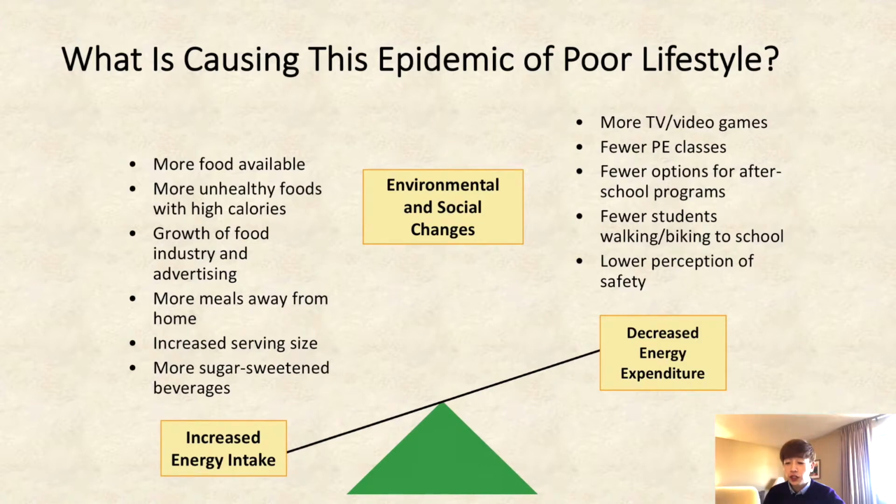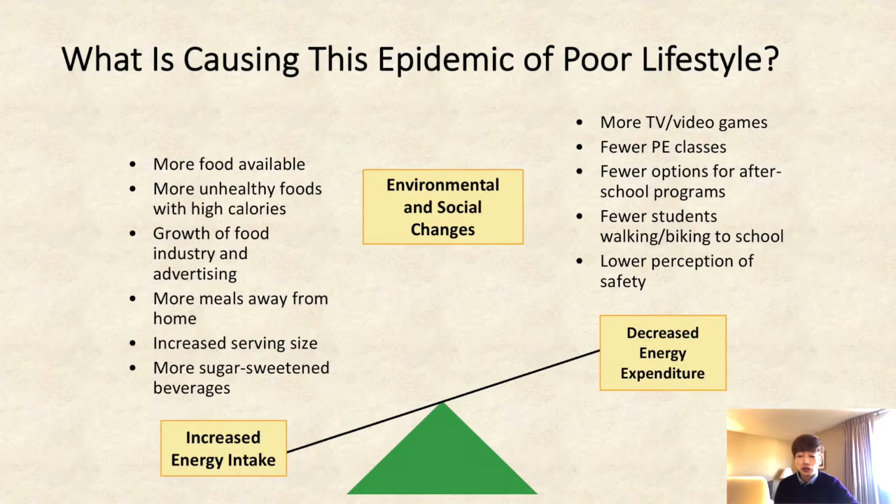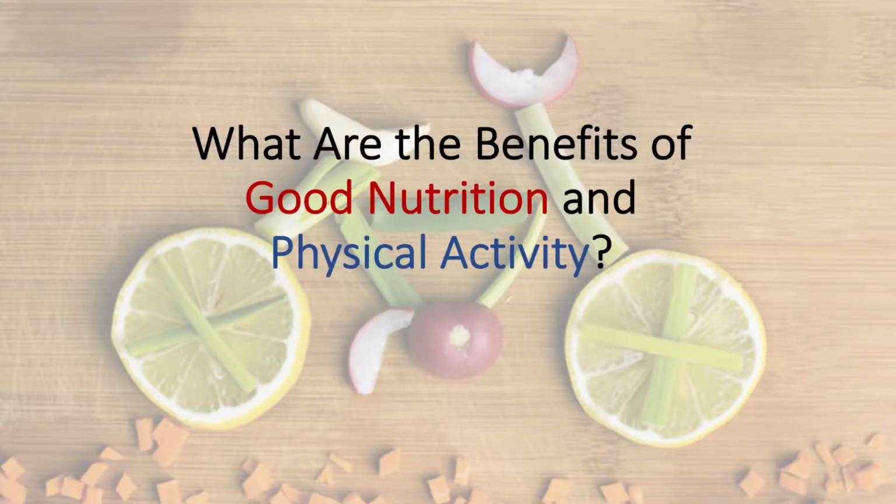What changed is our environment and lifestyle. Culture can also affect these patterns, but poor dietary habits, increased consumption of calorie-dense food, and fewer opportunities for physical activity contribute to the problem. Then, what are the long-term benefits of healthy eating and physical activity?